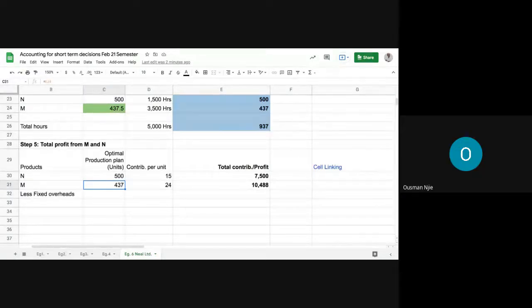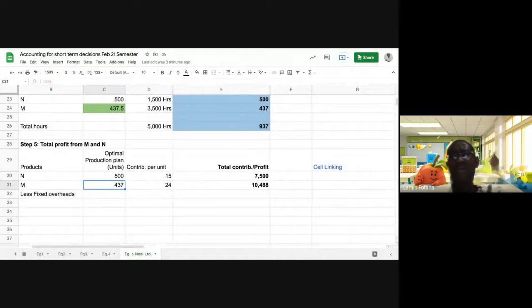Yes, it is the fixed cost because the cost is fixed. So that means no matter whatever the amount that we produce, we must pay this amount. So the fixed cost is going to be multiplied by the 600 and the 500. Oh, why not multiply by 437, Usman?